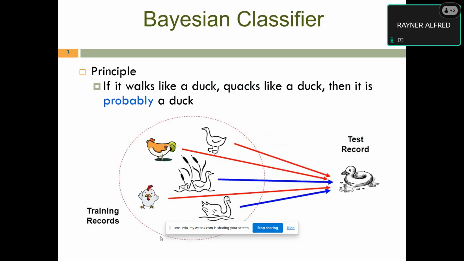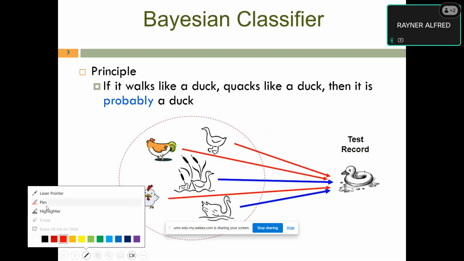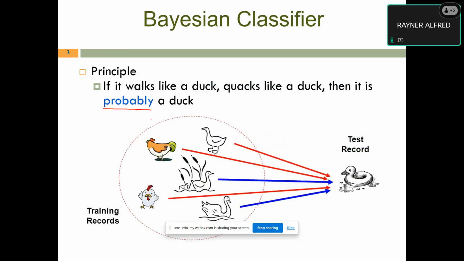So the principle is, if it walks like a duck, quacks like a duck, then it is probably a duck. So the keyword here is probability.